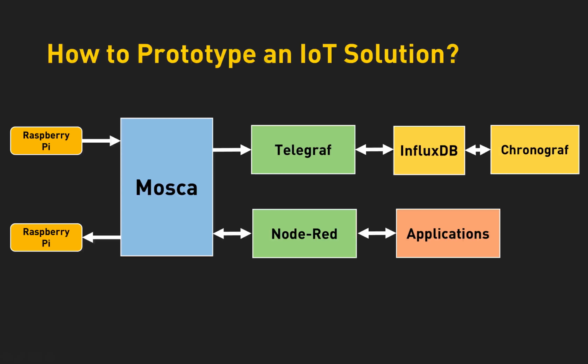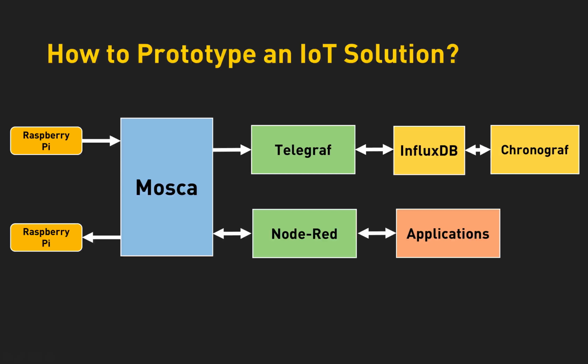The messages that are flowing into Mosca are consumed by another open source ingestion engine called Telegraf. As I mentioned earlier, Telegraf acts as the ingestion engine, which means as the data enters Telegraf, it can flow into multiple channels. And in our case, to keep this simple, we are storing that in a time series database, again an open source software called InfluxDB, which is a time series database.